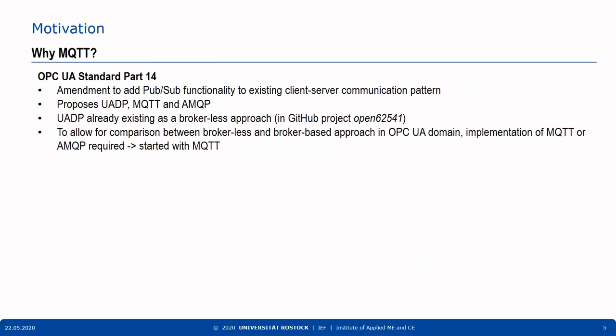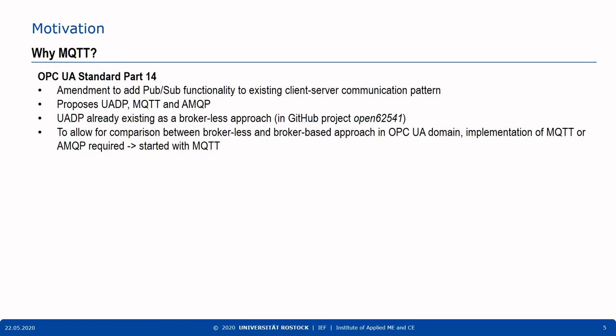There's an OPC UA standard amendment, which is now the part 14, and this part 14 takes care of the publish-subscribe feature. So it describes how one could extend the existing OPC UA protocol by a publish-subscribe functionality.